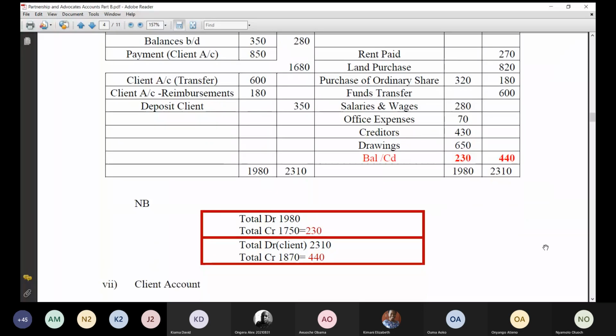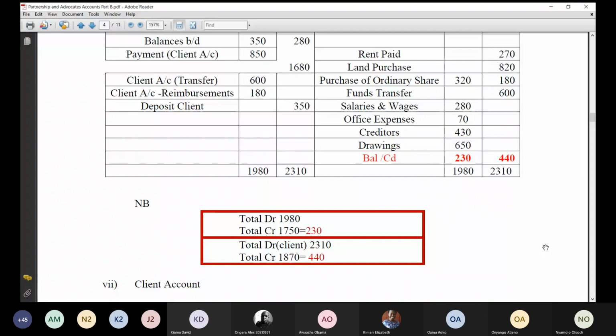So I'm just trying to explain that our total debits for the office was 1980. For the other side to balance to 1980, then 230 is the balancing figure. The total debit for the client is 2310.